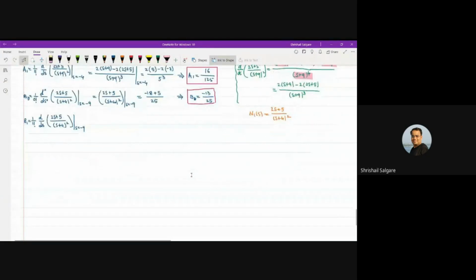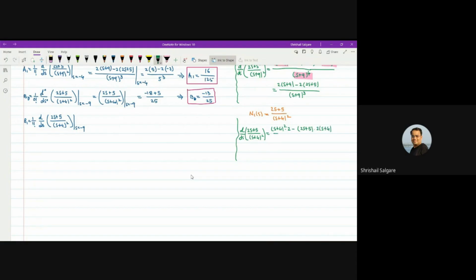I will scroll a little bit up, and again I will find the derivative here. D by ds of 2s plus 5 divided by s plus 4 bracket square, which is given by numerator s plus 4 bracket square into derivative of numerator, minus 2s plus 5 into derivative of denominator 2 into s plus 4, that whole divided by s plus 4 bracket raised to 4.